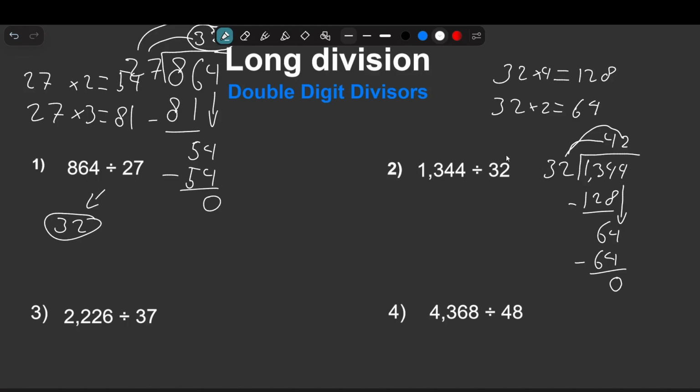So this will tell us that our final answer of the second example will be 42, like this. So you can also not always end up on a clean-cut 0. If you don't end up on a clean-cut 0, you will get a remainder in your answer.